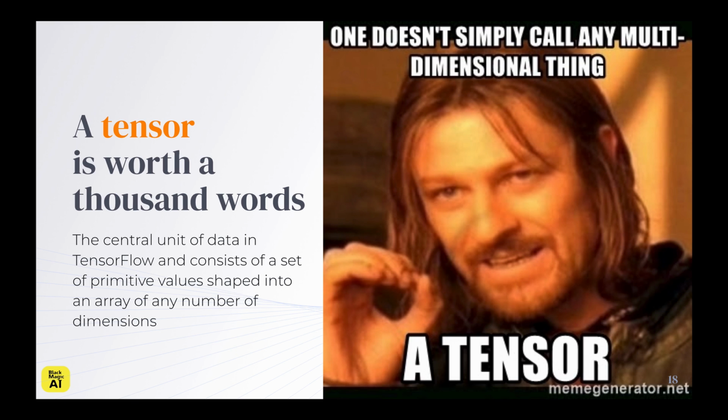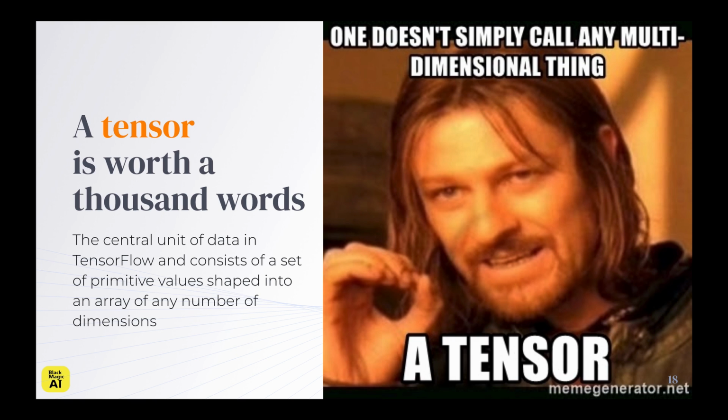Using the tensor representation of data in this way allows us to describe higher dimensional data that we will encounter in machine learning problems of tensor rank 2 and beyond. That's why we say a tensor is worth 1,000 words, because it's the central unit of data in TensorFlow and consists of the primitive values shaped into an array of any number of dimensions.